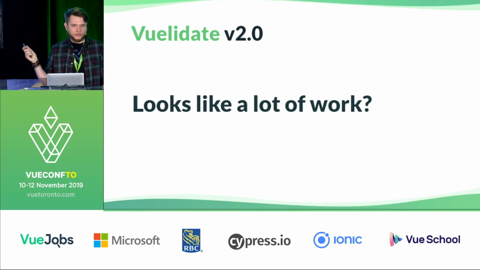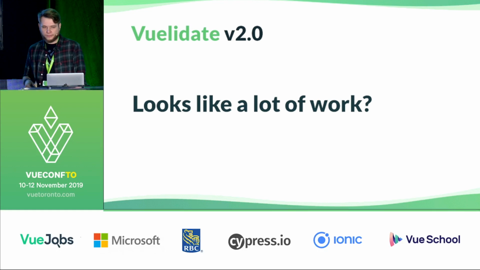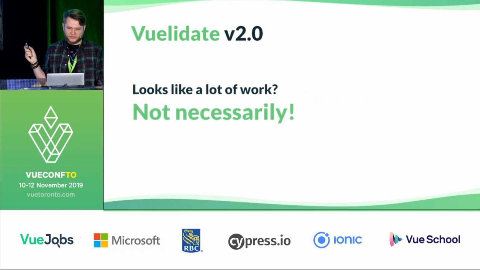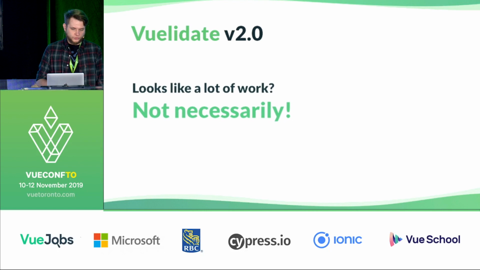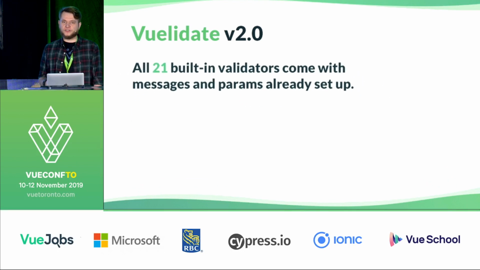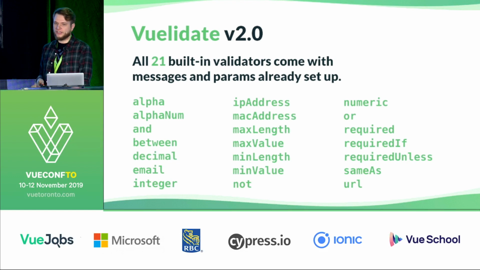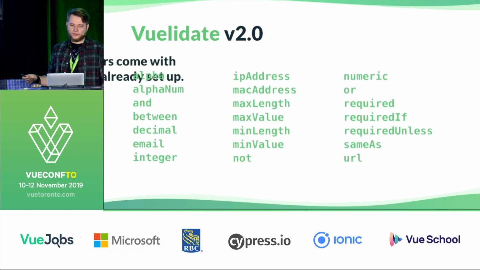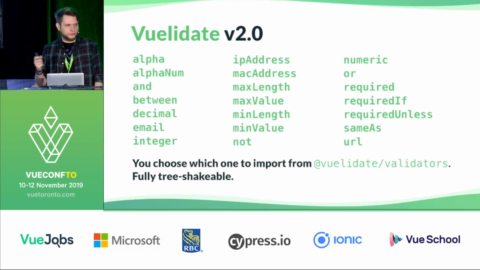But it might seem like a lot of work to always use the withMessage helper. That's why we made it so that all the 21 built-in validators that we have come with default messages and params already. And they are all fully tree-shakeable, so you can pick which ones you want to import.